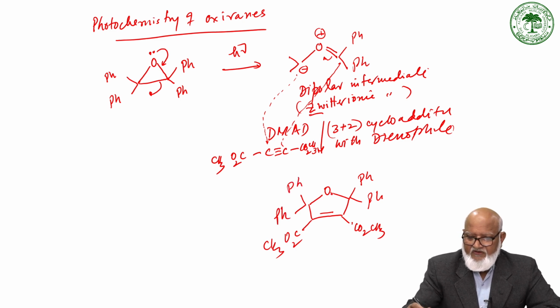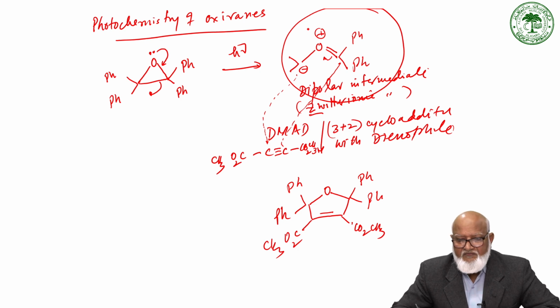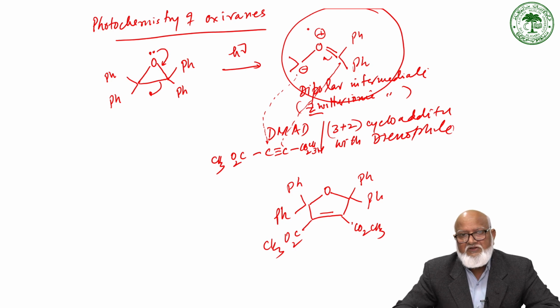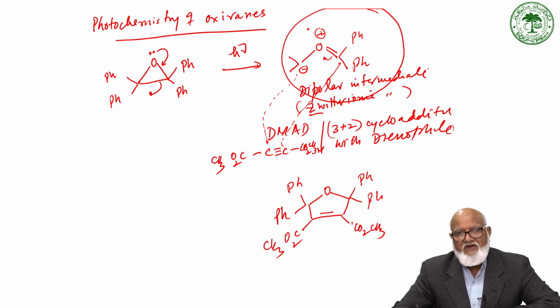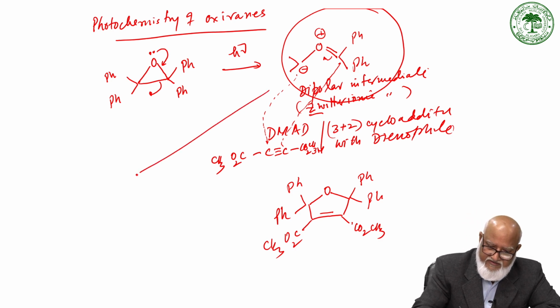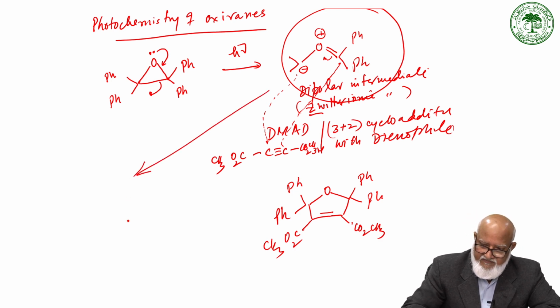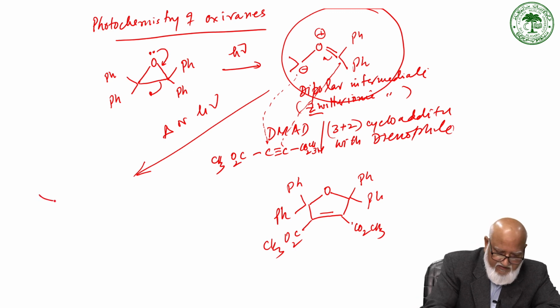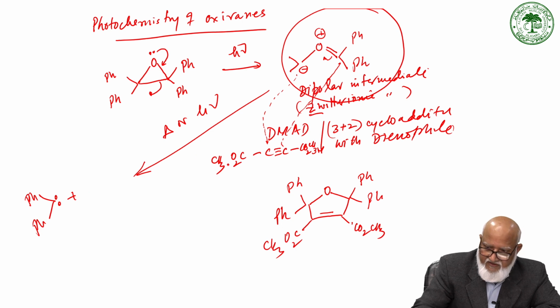So this is a very important intermediate formed on photolysis of oxirane to generate a dipolar species, which can be exploited to construct larger heterocyclic systems. It has also been found that this intermediate, on heating or under photolytic conditions, opens up to generate a carbene plus a ketone.